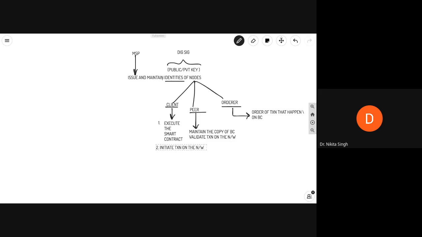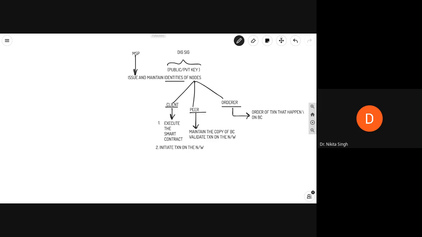If you can see here, the roles of different participants of the network have been divided. We have clients that propose transactions on the network. We have peers that maintain the state of the network and the copy of the ledger. And then we have the orderers that accept the transactions, order them into blocks, and deliver the blocks to the peers.